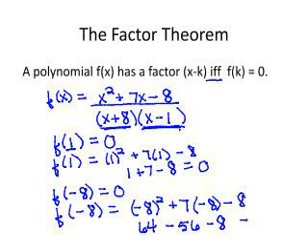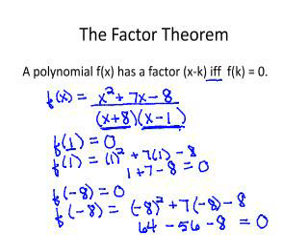And sure enough, we get a 0. Okay? So these are considered factors if, when you plug in the k value, you get a 0 when you evaluate it for that k. All right? So that's the factor theorem.